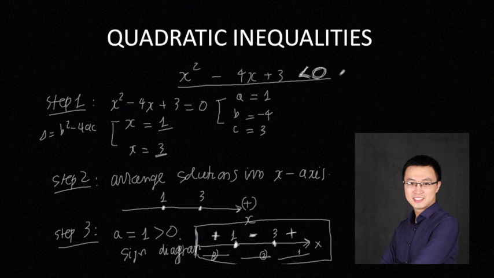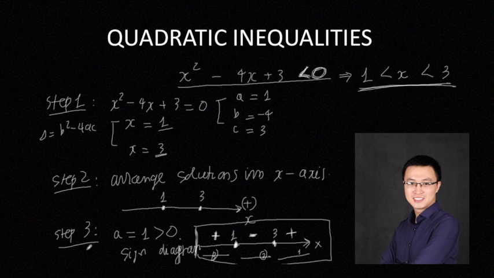So the solution will be between 1 and 3. I will write it as x greater than 1 and less than 3. So you can find the solution in 3 steps.